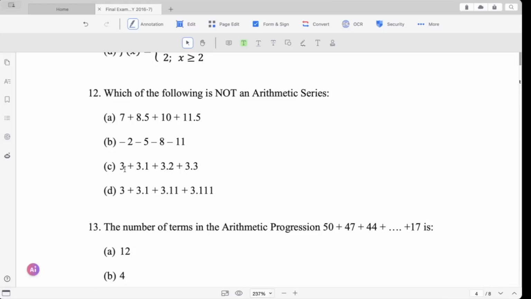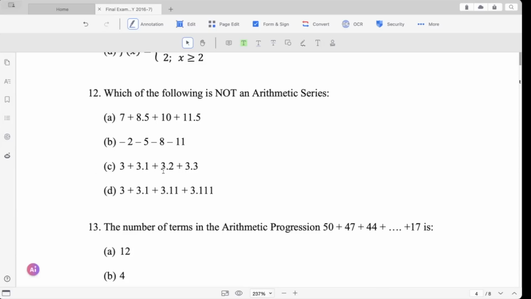For this, if I say 3.1 minus 3, I'm getting 0.1. So if I add 0.1, am I getting the next? And it's yes. So this would be 3 plus 0.1, that's 3.1. Then we have 3.1 plus 0.1, that's 3.2.